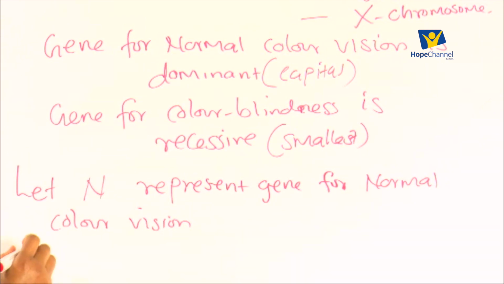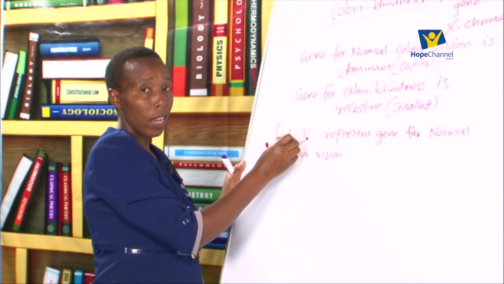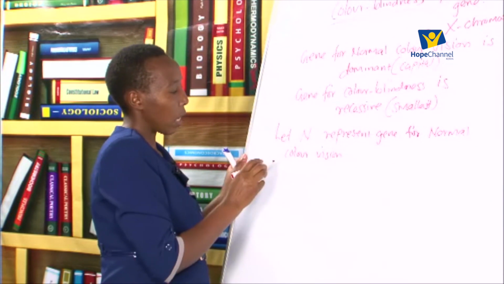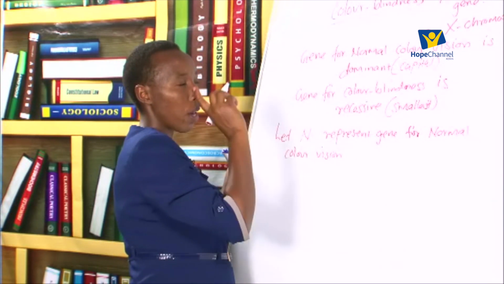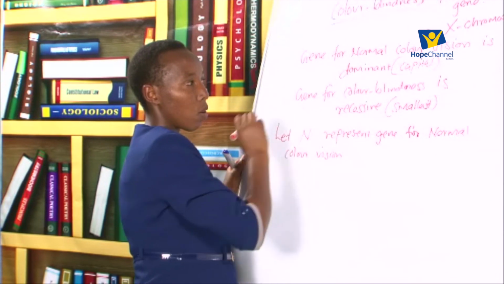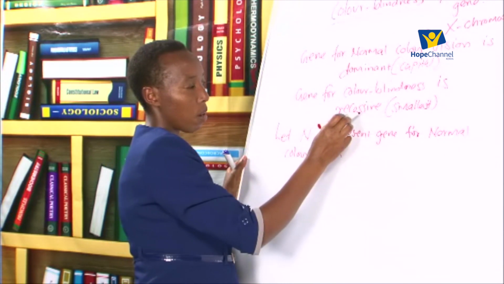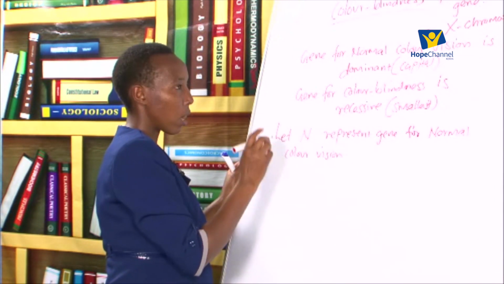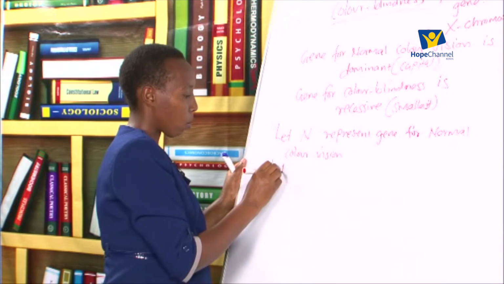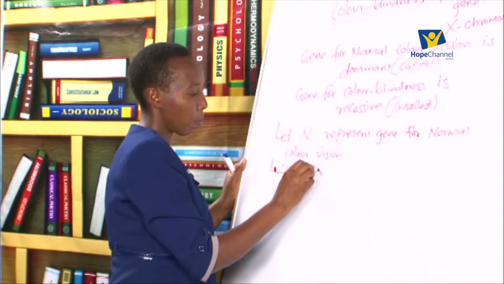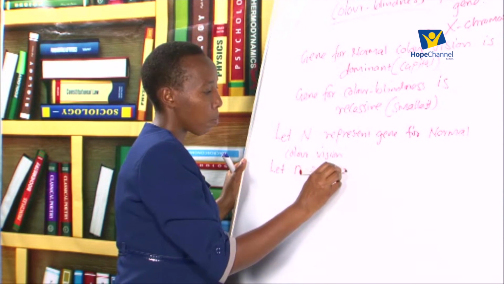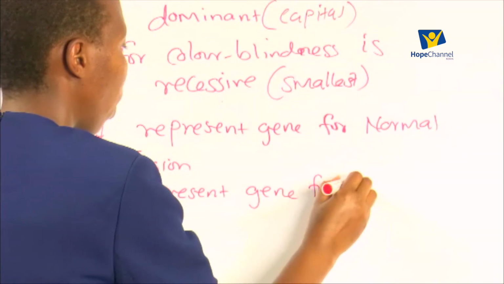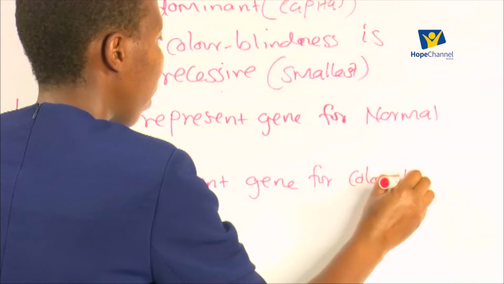Then if capital N is representing the gene for normal color vision, we say that we are going to use a capital letter to represent a dominant gene, and for a recessive gene we are going to use a small letter, of the same letter. So let small n represent the gene for color blindness.